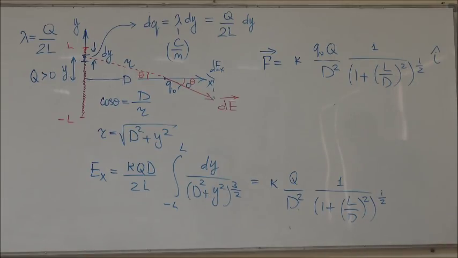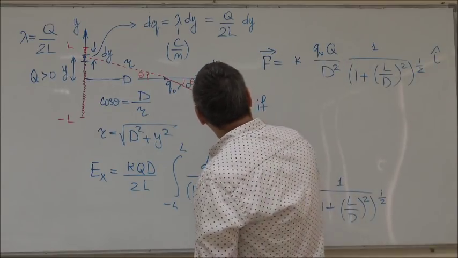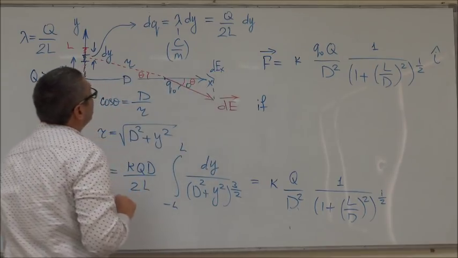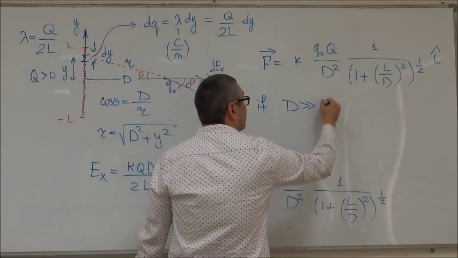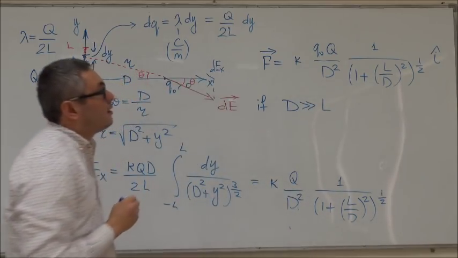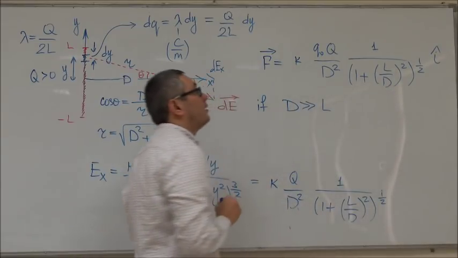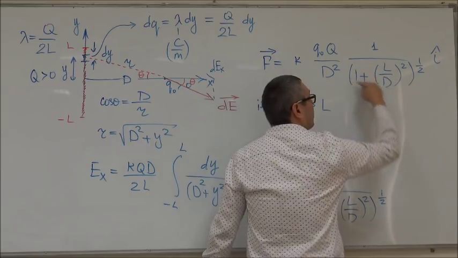There's one thing that you can note from here. If this point is very, very far away along the x-axis, in other words, if distance d is much, much larger than L, then this part here becomes equal to 1, because L over d is almost 0, so this whole thing is 1.